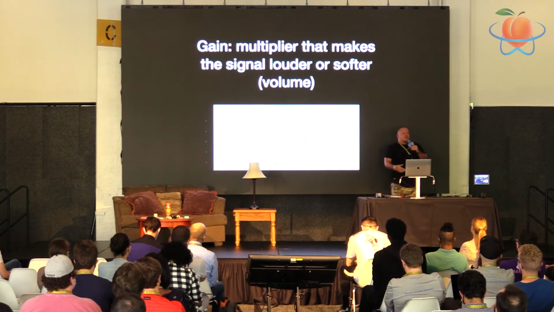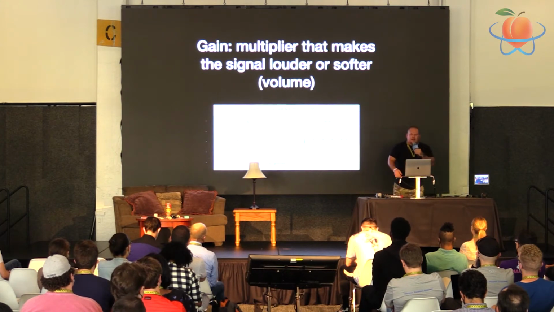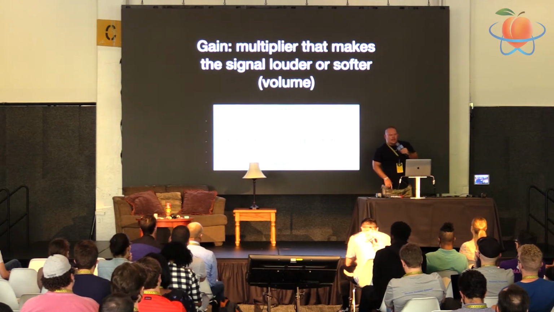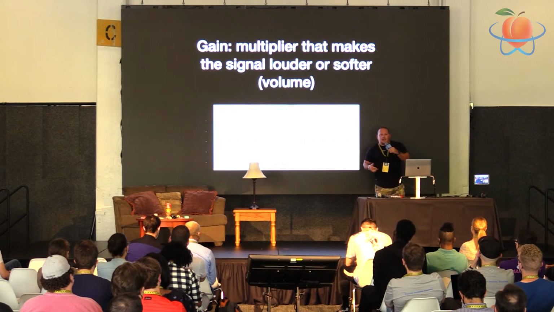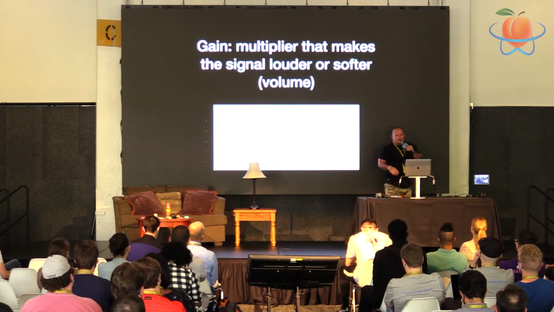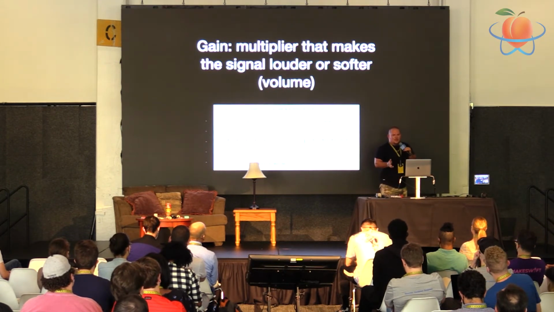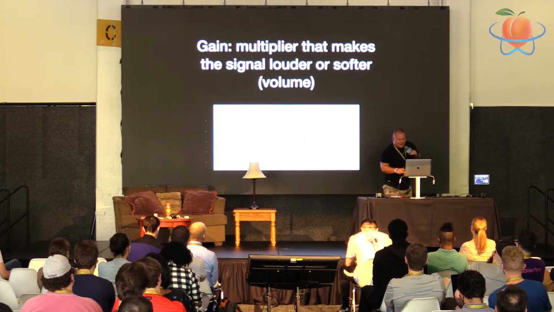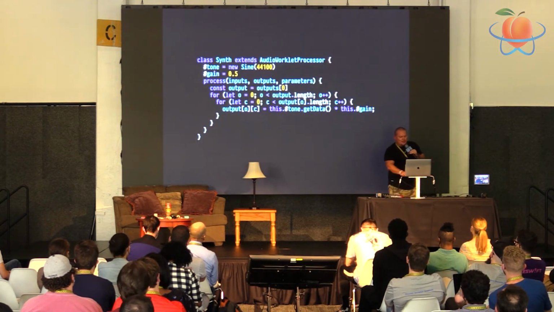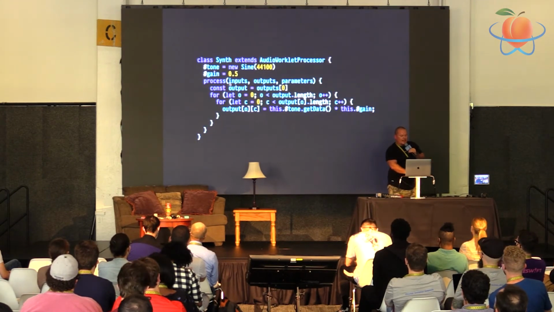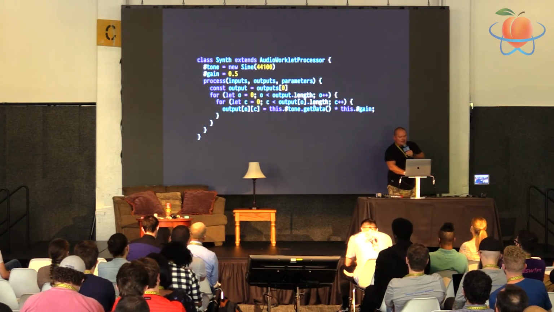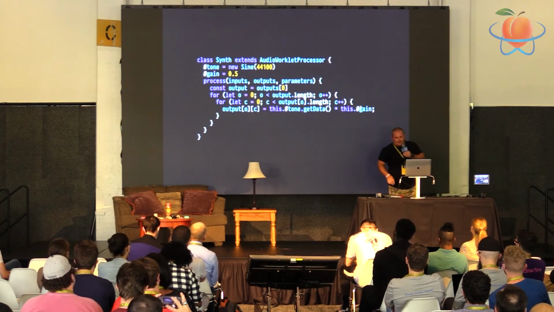So if you have these numbers that are flying by in arrays constantly, if you want to make them a little bit quiet, times 0.8. If you want to bump it up a little, times 1.2. It's absolutely wild. So right here, I could say the gain is 0.5, and then right here, you just multiply it.